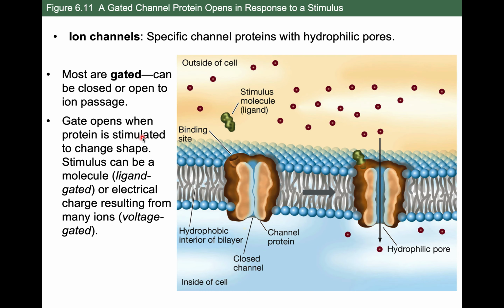But that being said, I'm going to go back one slide here. There are channels that can be a bit more specific in that they can be gated. So these would be channels that are by default in the closed position, and to open them we need some specific signaling molecule called a ligand that would come in and bind to the channel and change its shape.